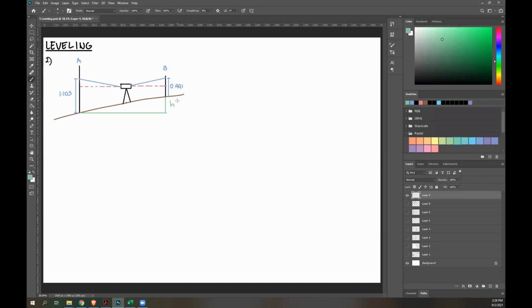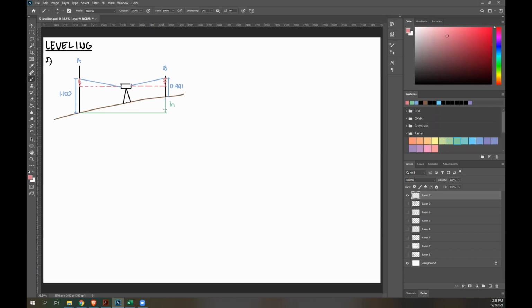So, since your instrument is directly in the middle, the height of error is the same. This length is equal to this length, again because it's at the middle.